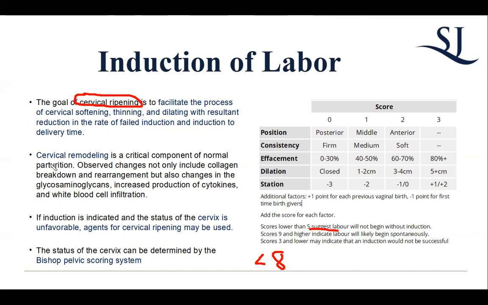Just normal physiology, the cervix remodels. And if that part doesn't happen, your labor is not going to progress. So if you have a patient who has a very low Bishop score and you just jump to oxytocin IV, which is used to facilitate contractions, if you haven't done cervical ripening, it's not going to work as well. And it won't work at all sometimes.